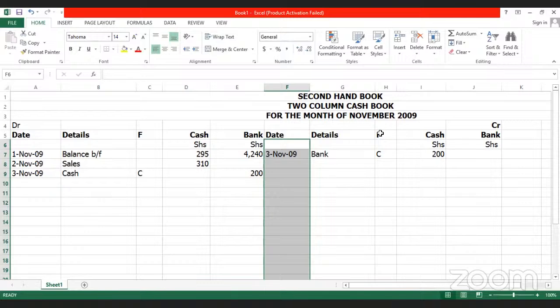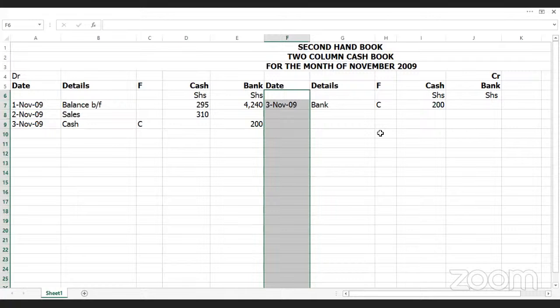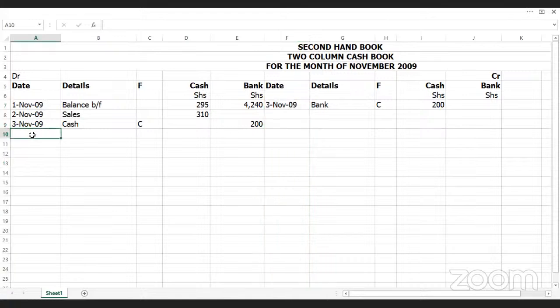Next transaction, Emma, is on the 4th of November. F Bell paid us by check, shillings 194. Okay, so what do we do?